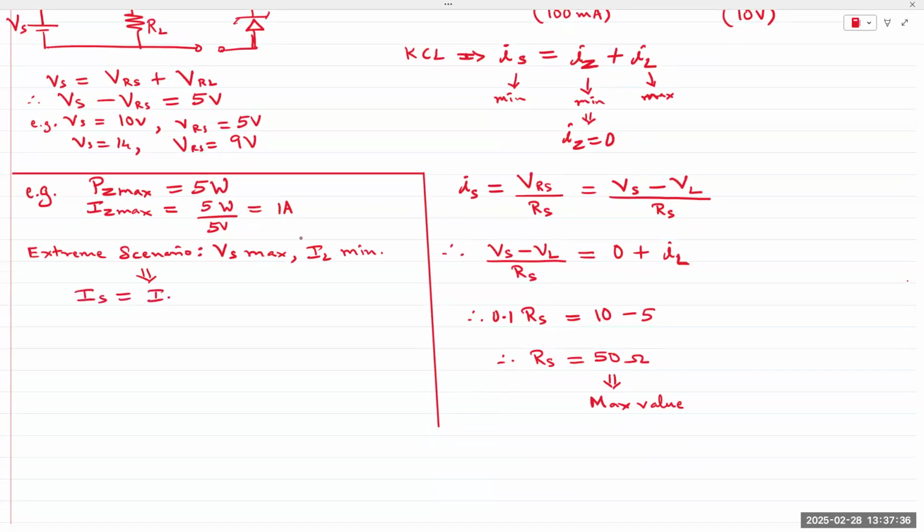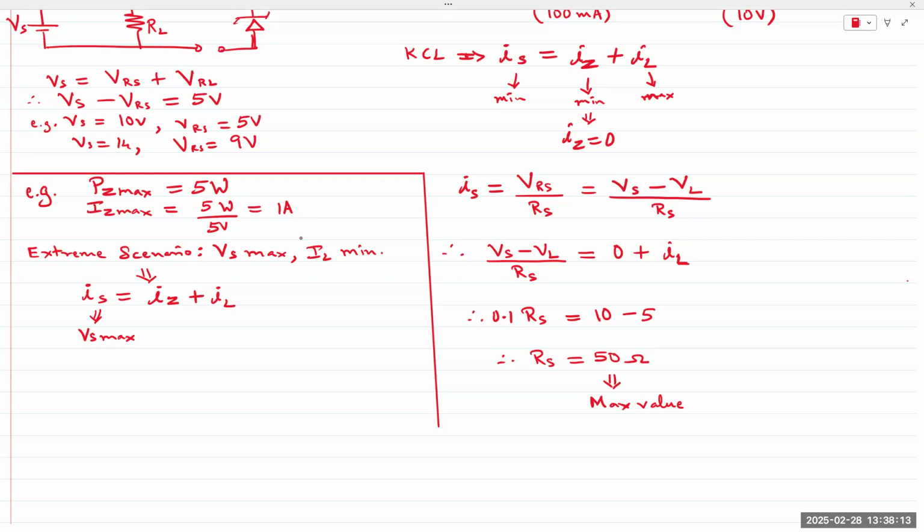IS is equal to IZ plus IL. IZ cannot exceed 1 amp. When is the max IS? Max IS is for max value of VS. Max value of VS is 14 volts.